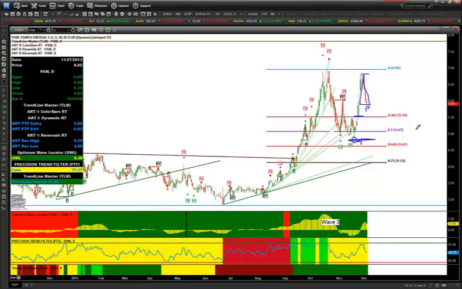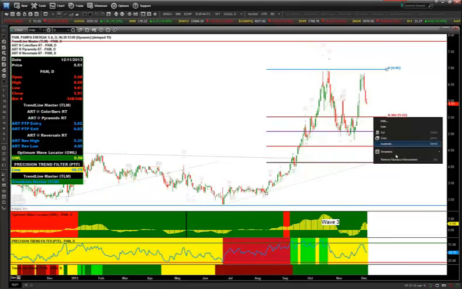That's the only time we let you override the pyramids: when you are able to put your stop down below wave 4 and you're entering when it clears a key level of resistance like it did here, and you have a bullish owl. All right, very important to have a bullish owl. You have a yellow PTF, which is fine. We just don't want to go long on a red PTF. And you have a green-colored trend line master, which indicates that we are still above the major trend lines here. So this is a go to the upside.